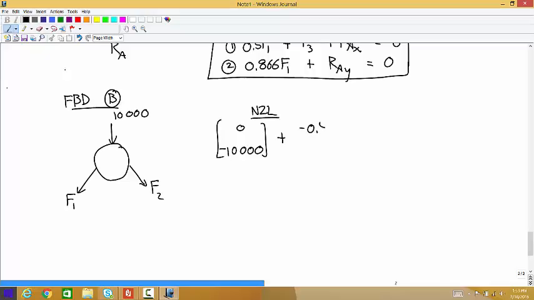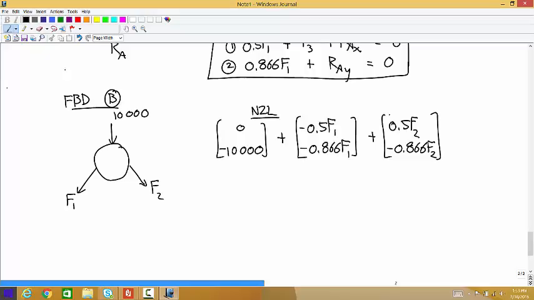plus negative 0.5 F1, negative 0.866 F1, plus positive 0.5 F2, negative 0.866 F2 is equal to zeros.